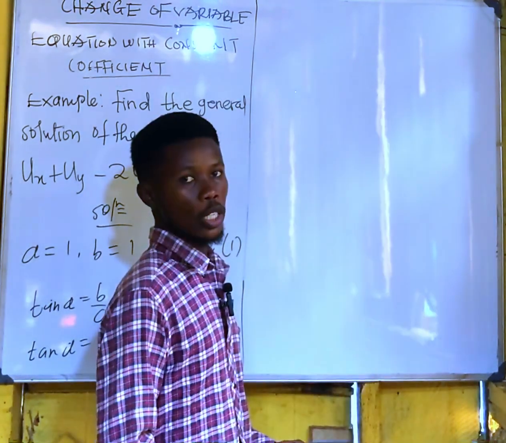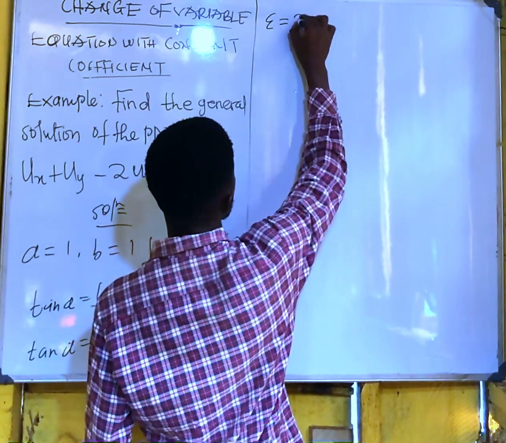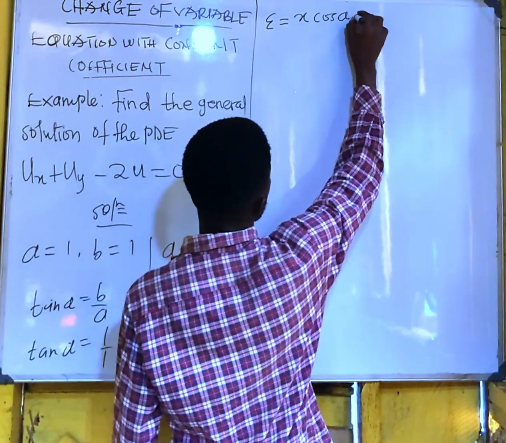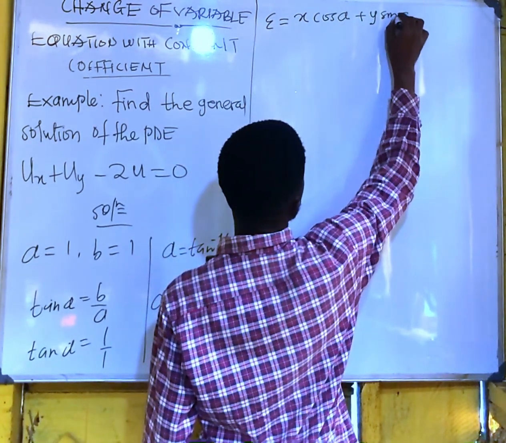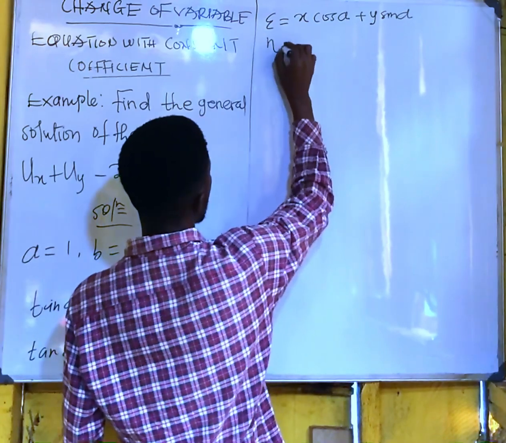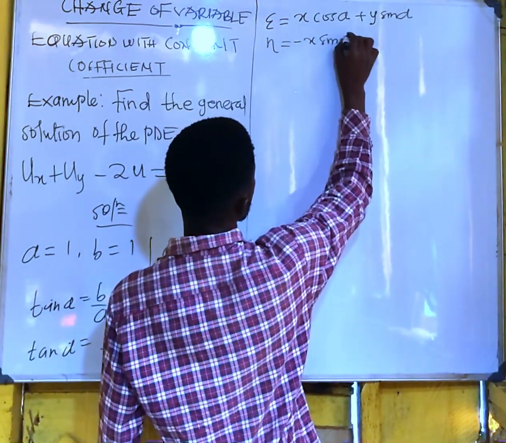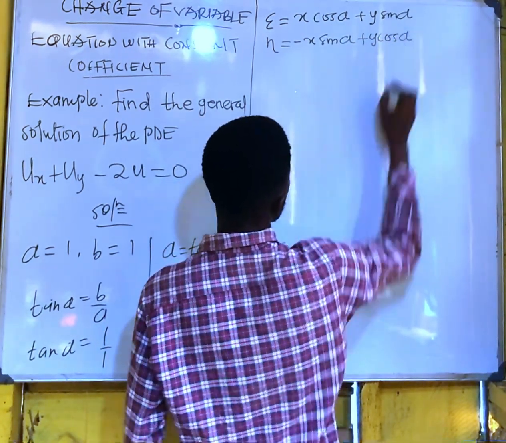Now let's look at the definition of the xi. So xi is equal to x cos alpha plus y sine alpha, and eta is equal to negative x sine alpha plus y cos alpha.